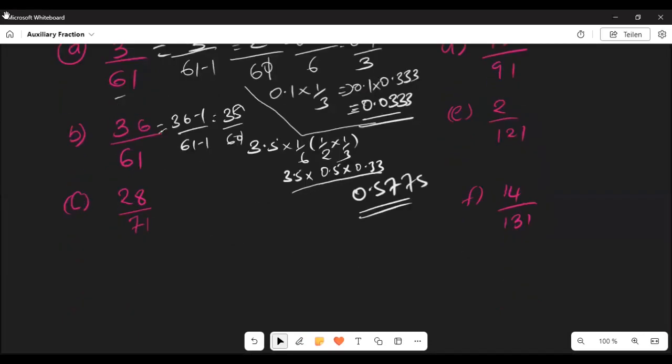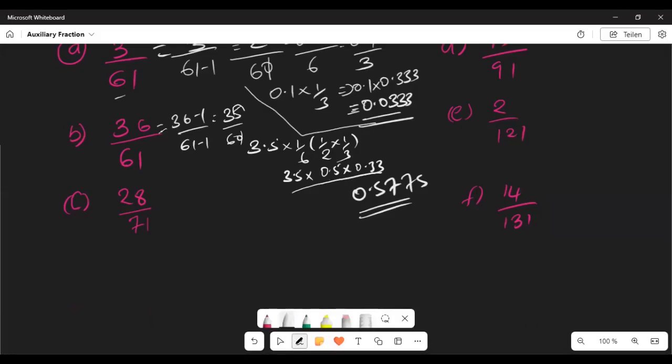Now let's look at C, 28. I will take another pen of a different color. For us to get auxiliary fractions, we subtract 1 from each.